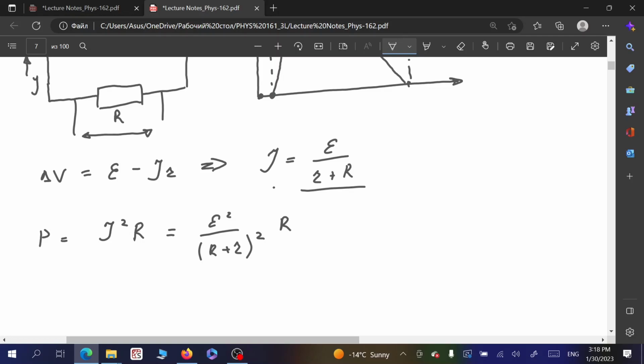So we want to know what value of the load resistor we need to attach to such a battery in order to get the maximum possible power delivered to this load resistor. Any suggestions how we answer this question?